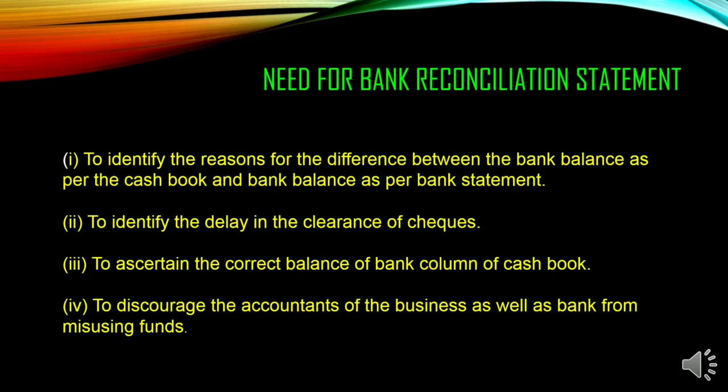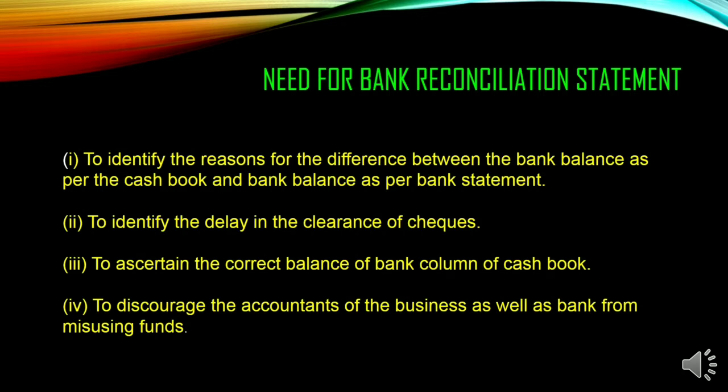The first one is to know the difference between the cash book and the bank statement. If the cash book shows a balance of 10,000 and the bank column shows a statement balance of 5,000, they want to check the amount of difference, that is, cross check the statements.